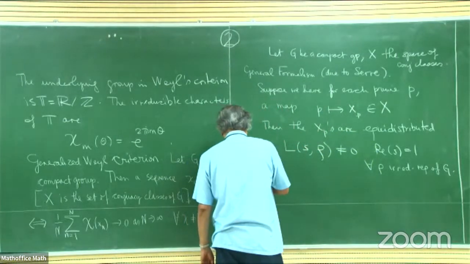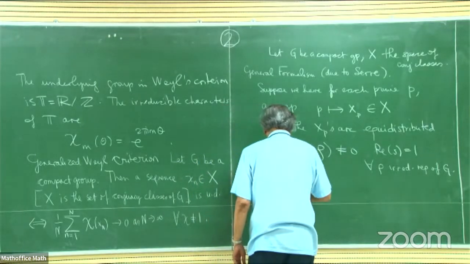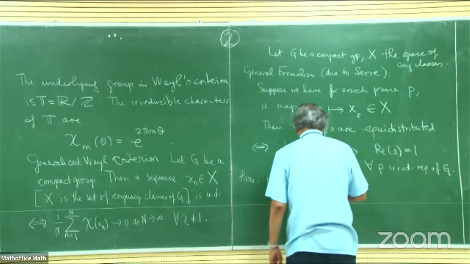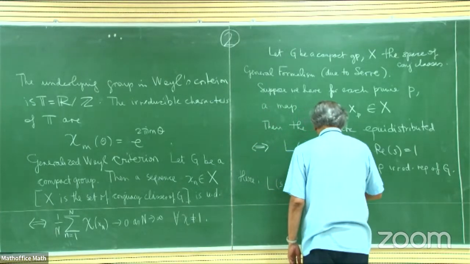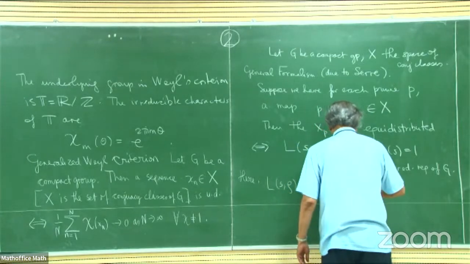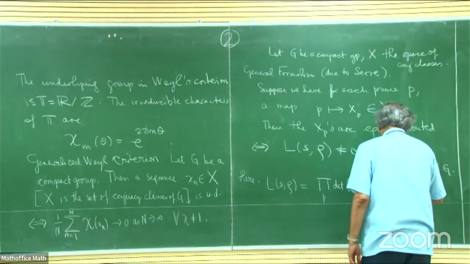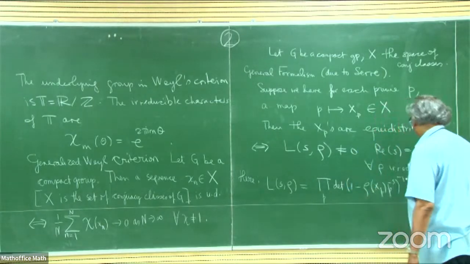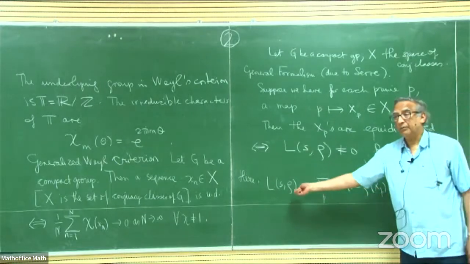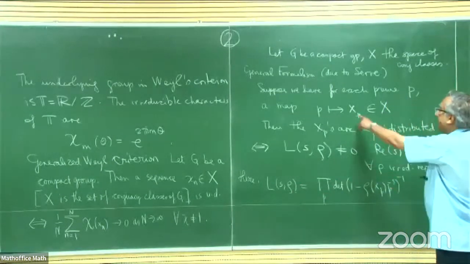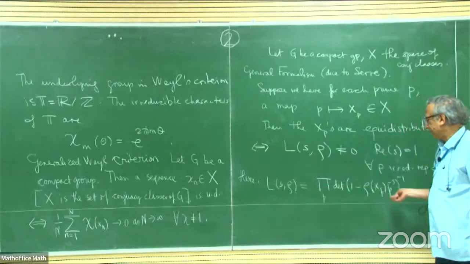And here, the L function is L(s, rho), defined in the Artin style, the product over p of the determinant of 1 minus rho of x_p times p to the minus s, inverse. So for each representation rho of the group, given this data of the x_p's, I will concoct this L function.